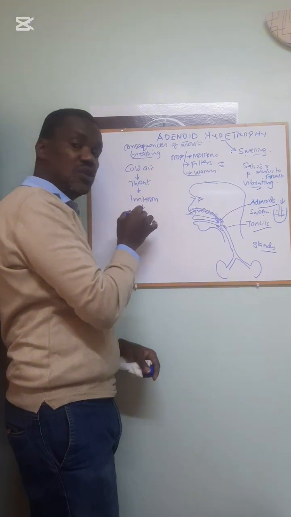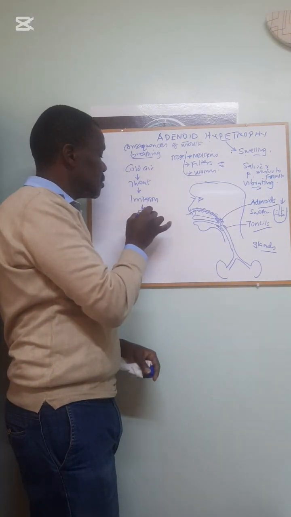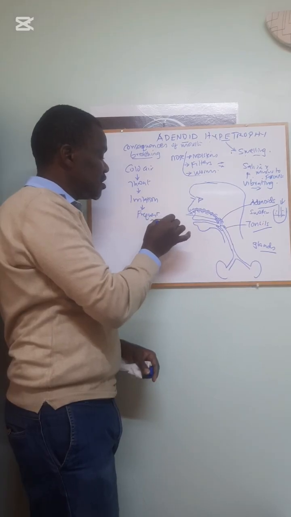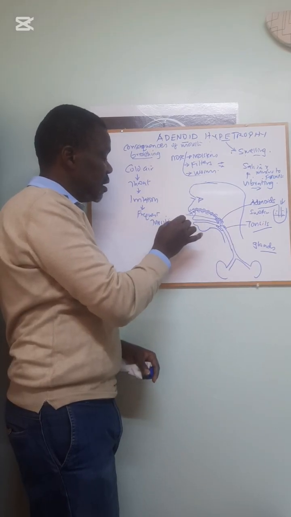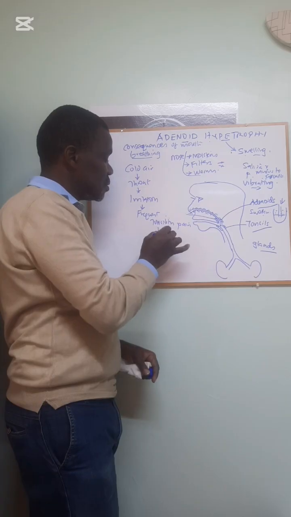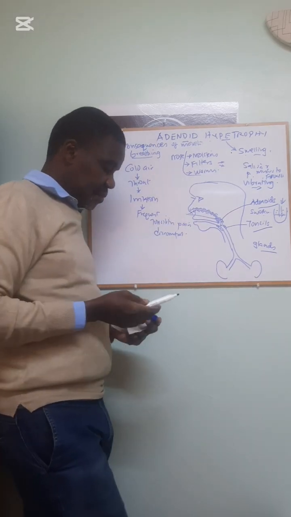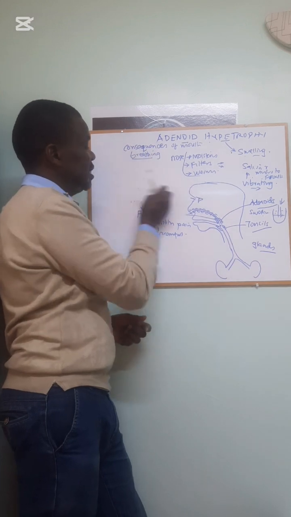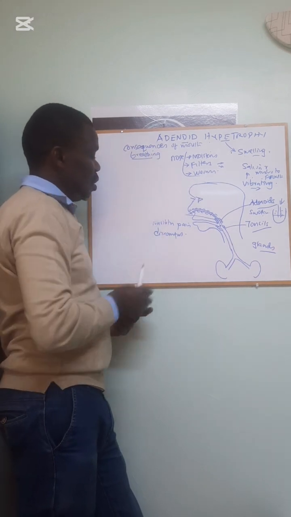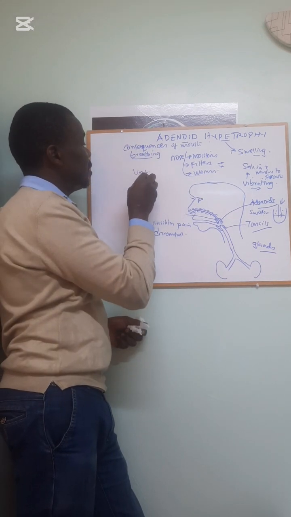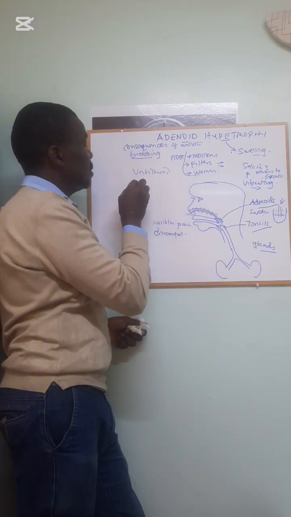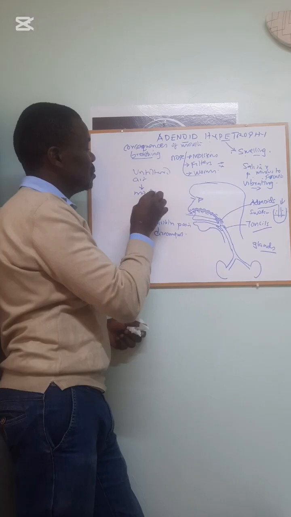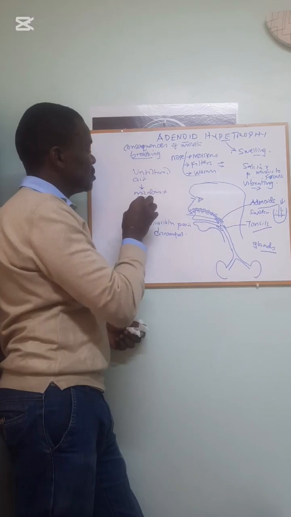The result of irritation is frequent tonsillitis and pain and discomfort. Number 2, we have air that is not filtered. So this air will come as unfiltered air. It will contain microbes plus particles.